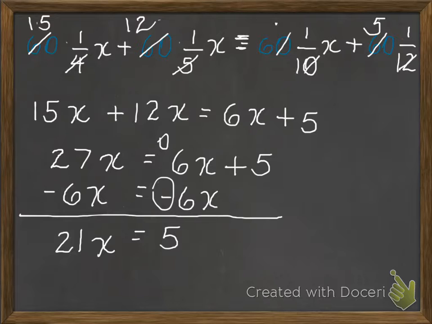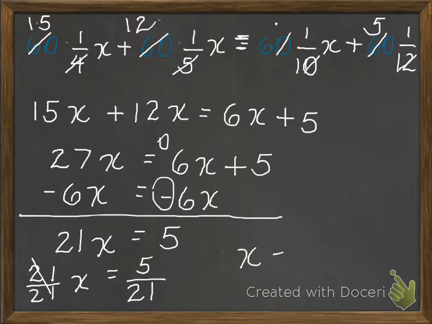This is our basic equation. The last step, we apply the multiplication property of equality. 21 divided by 21 undoes multiplication by 21. But whatever you do to one side of the equation, to keep the scales balanced, you must do to the other side. So now we have as our answer x equals 5 over 21.